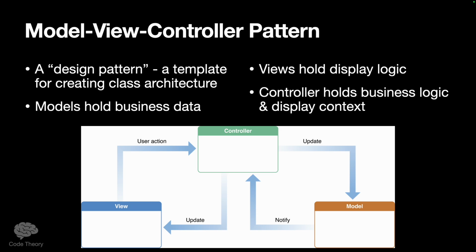So yeah, your business logic, which is to say most of your code, will live in the controller. Anything about displaying and animating will typically live in your views, and anything about storing, and maybe some mutation of your model code, will live in your models.